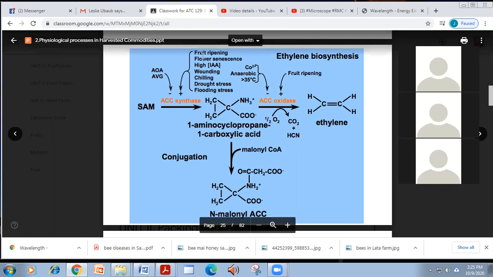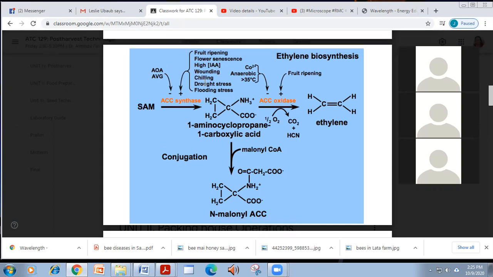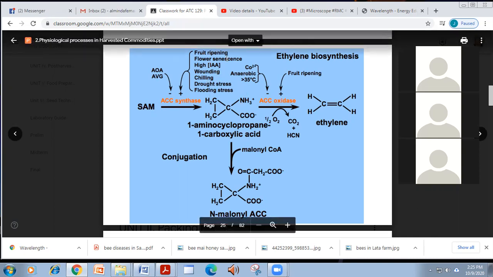So when the fruit ripens and flowers, and if there is a high presence of indoleacetic acid or auxin, and wounding as well as chilling conditions, drought stress, and flooding stress, this will trigger the production of the ACC synthase.